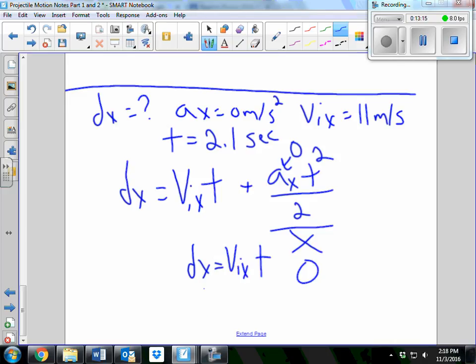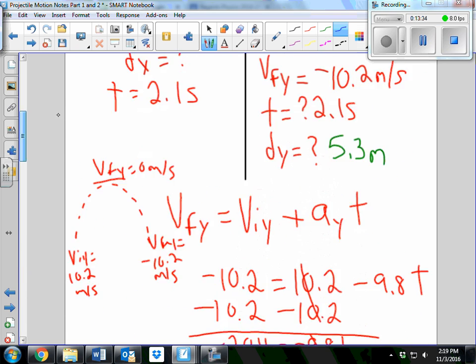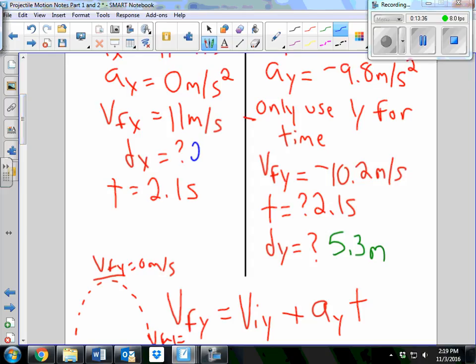So now I just plug in. I have d of x equals 11 times 2.1 equals 23.1 meters. So this object, when it got launched, was 23.1 meters away from where it started.